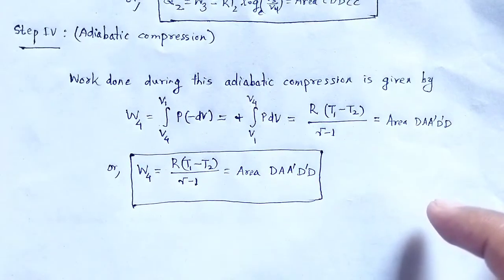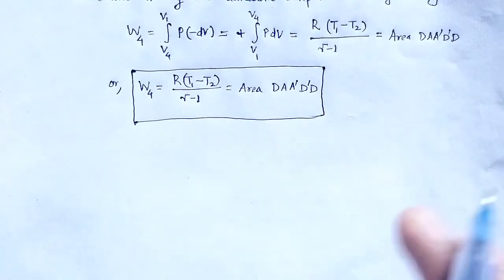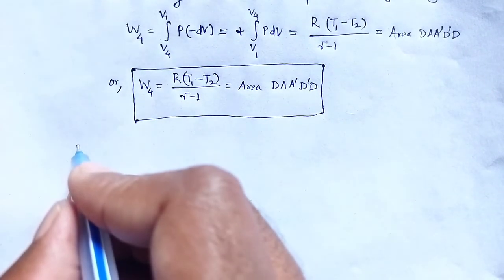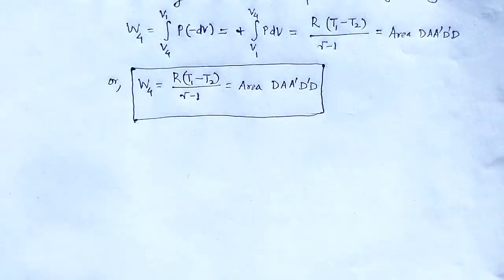Let me write here according to the sign convention: W1 and W2 are positive, W3 and W4 are negative. And also another sign convention: heat gained by the working substance is positive and heat lost by the working substance is negative. Hence Q1 is positive and Q2 is negative, since Q1 is the heat gained and Q2 is the heat loss.